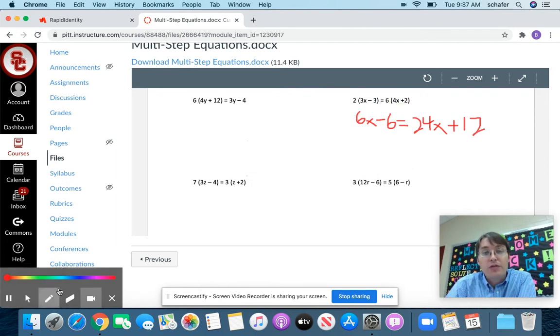I would want to get the x by itself. So I'm going to do, which is easier to do, subtract 24x from one side or 6x from the other. I think taking a smaller number away is going to be easier. So minus 6x, minus 6x.